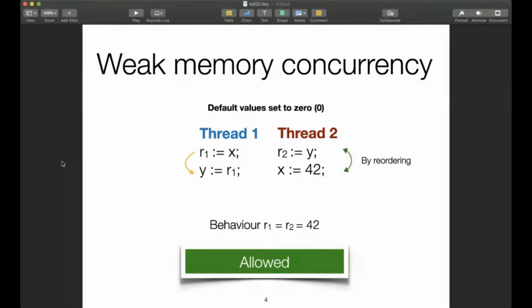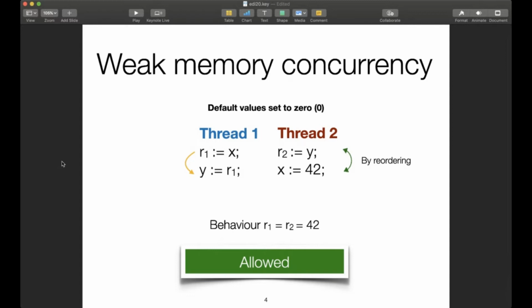And the compiler might choose to reorder the load of x and the load of y and the store of x as well. So on this slide, there's a little yellow arrow on thread 1, and that's to highlight that there's a difference between the two threads. On thread 2, we've got this absolute write of 42. It's like a concrete value. So the compiler doesn't need any more information than what's in the single line of code to send off that write of x.